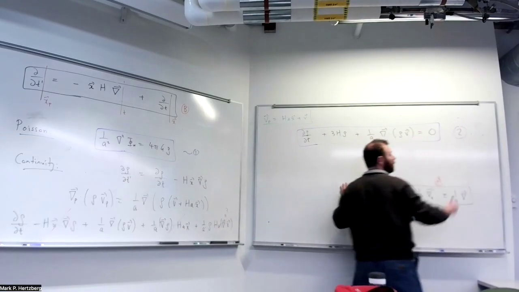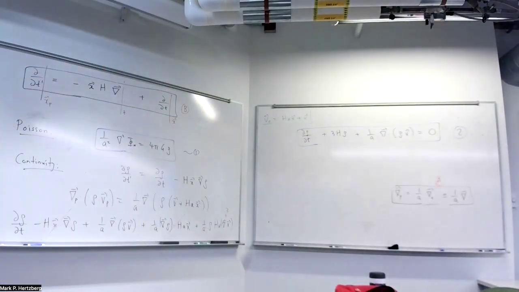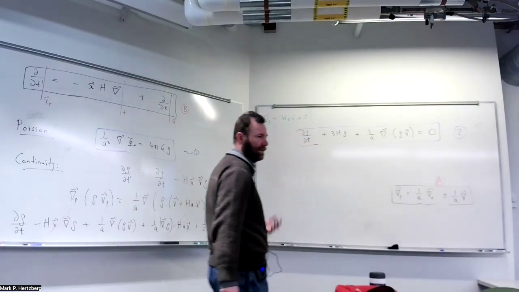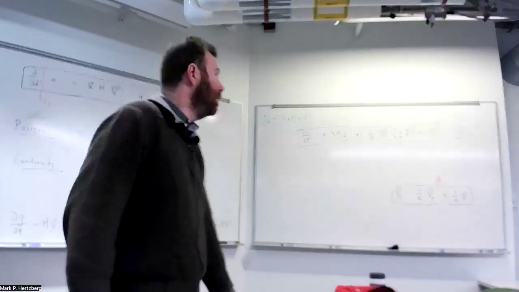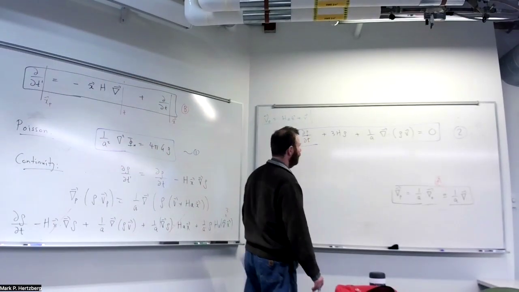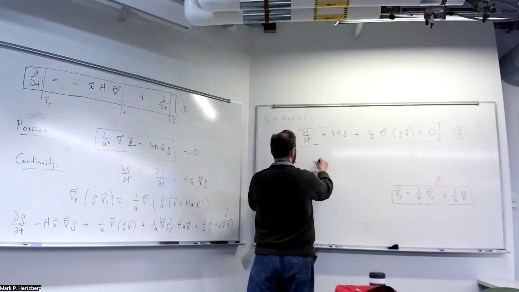Okay, we'll call that equation 2. Any questions about this? All right, so the standard form of the continuity equation at the end of the day, not too shocking, the divergence gets married to a 1 over a, but then we pick up this extra piece as well from the change of variables associated with time. So now this equation here, with its 3h rho, let's check that this makes sense on the background.